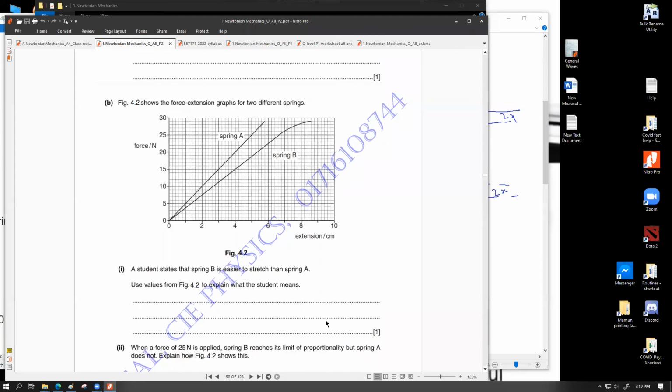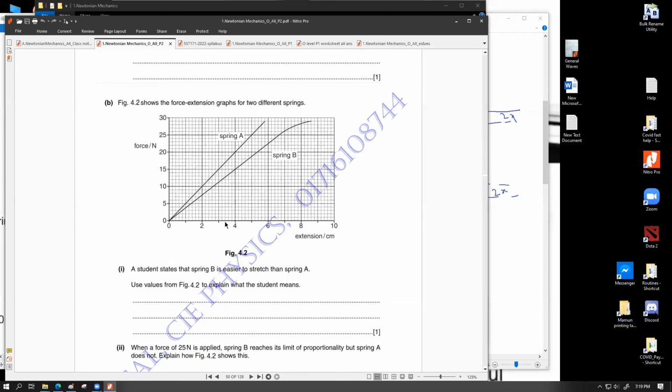This is what I was about to explain a bit earlier: if you're trying to explain which is easier to stretch or more difficult to stretch, you either choose a single value of extension and compare the forces, or you choose a single value of force and compare the extensions, but keep one fixed and compare the other. So if I want to compare spring A and spring B, there are many different pairs of values that you can choose from this graph.